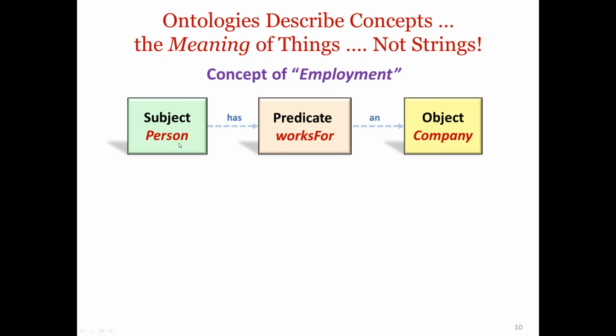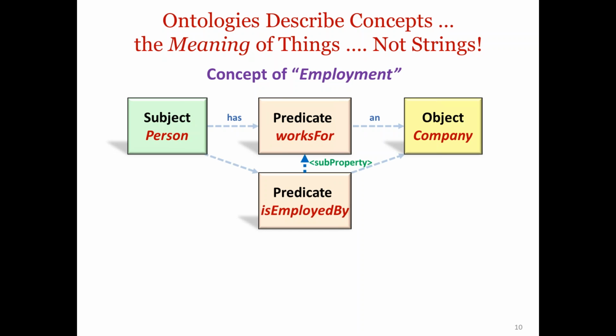That could break down into subject, predicate, object. And that's the basic underlying form of an ontology. It's called a triple. And then you could weave in additional concepts. For example, is employed by, we could call a subproperty of works for. It's a kind of works for.